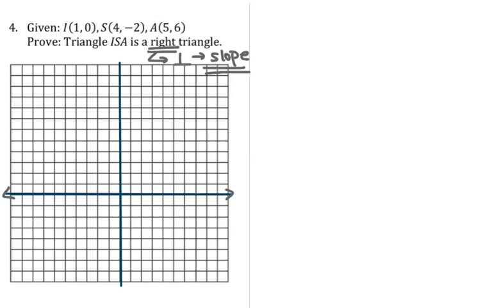Then, (1, 0). So here, that's I. And then (4, negative 2), and that is S. And A is (5, 6).